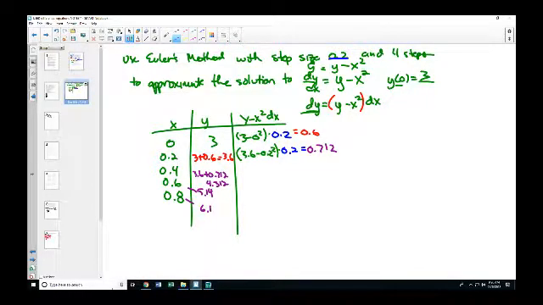Okay, so y at 0.8 is approximately 6.1. Not a hard process, you just have to work your way through it. Questions?